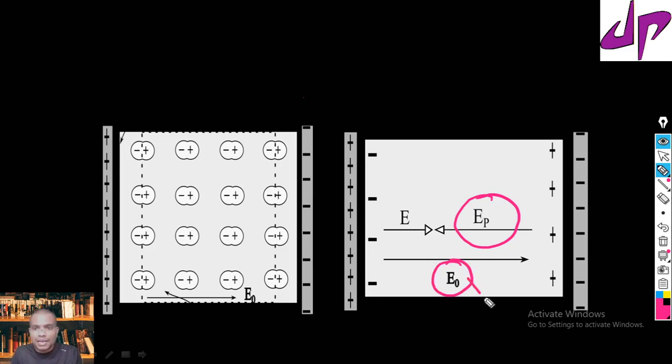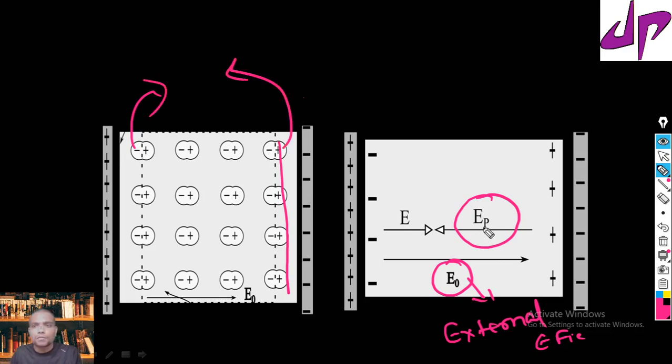E naught is the applied external electric field, and E suffix P is the electric field due to the positive and negative charges, directed from the positive to the negative charge, in this direction.